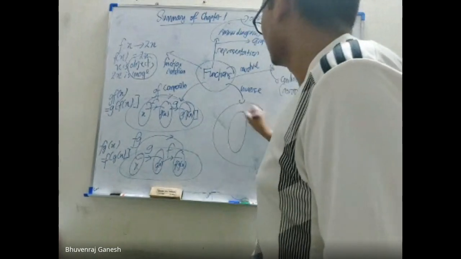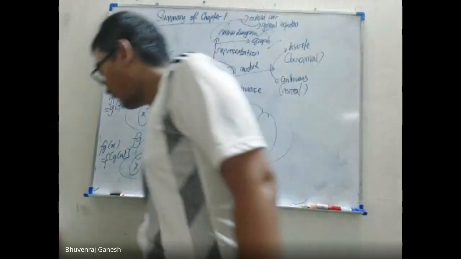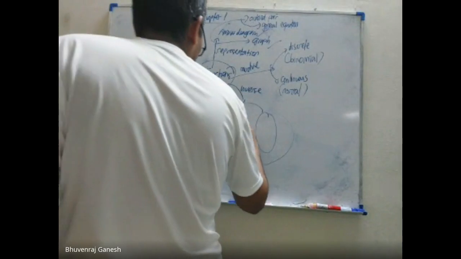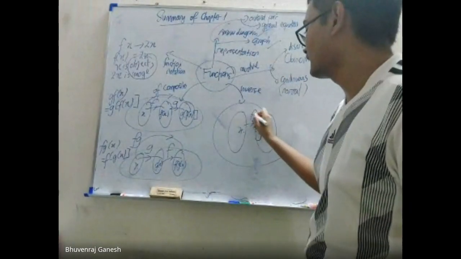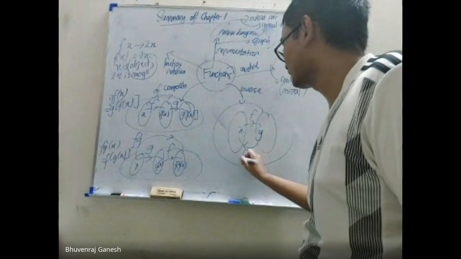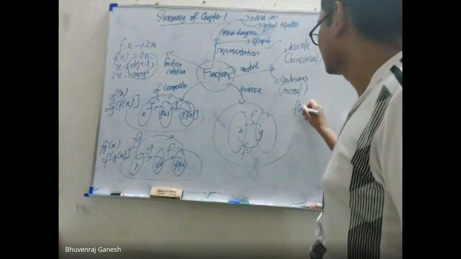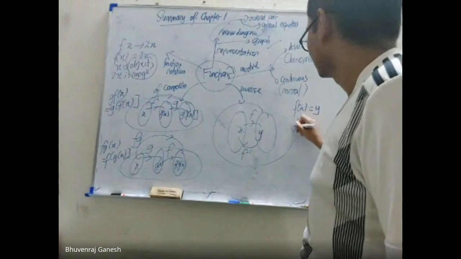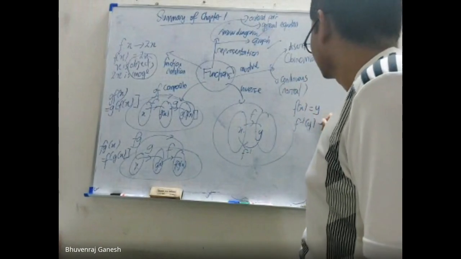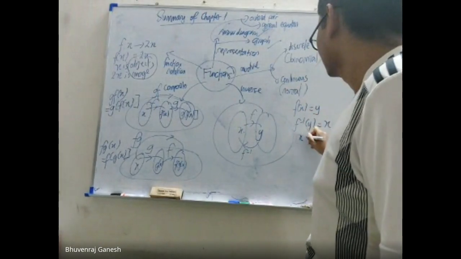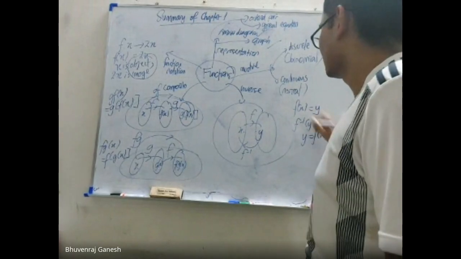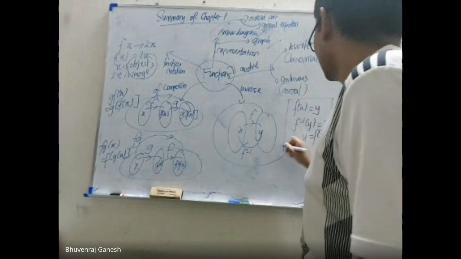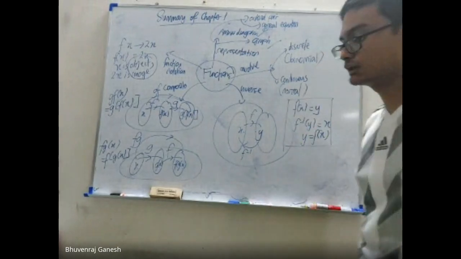Let's say I have 2 circles here, x and y. f will map x to y, and f inverse will map y to x. So the relationship is something like this. These 3 key things you can understand from here: f(x) is y, f inverse of y is x, y is f(x).